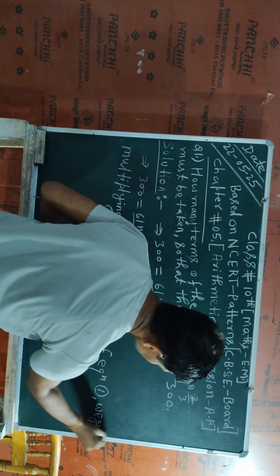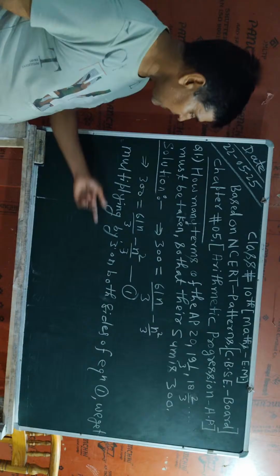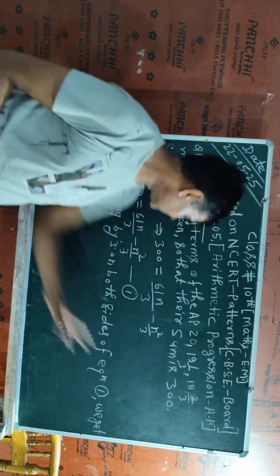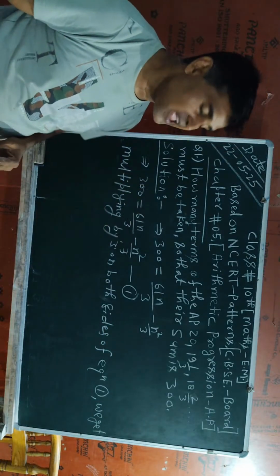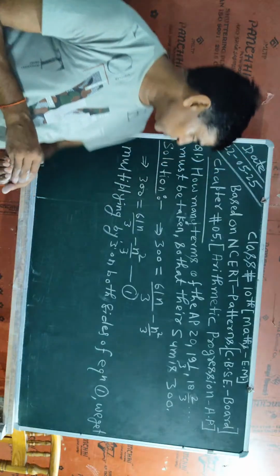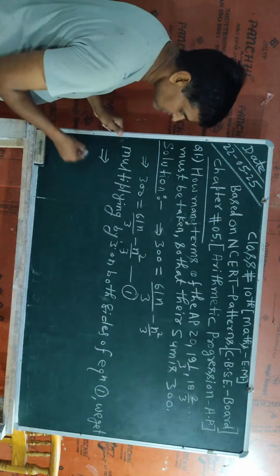So this instruction I have to write here, and I will follow this instruction. Multiply by 3 on both sides of equation number 1 we get. So this is equation number 1, and in this equation number 1 I will multiply with 3 on both sides.